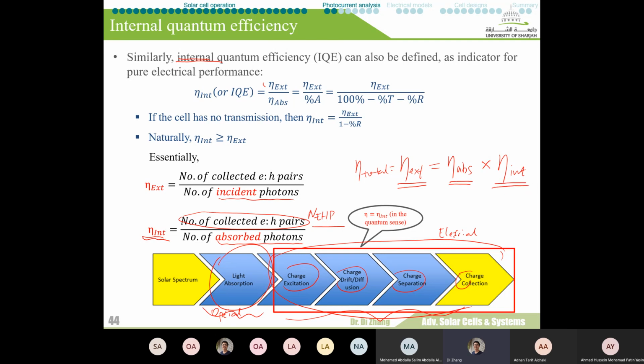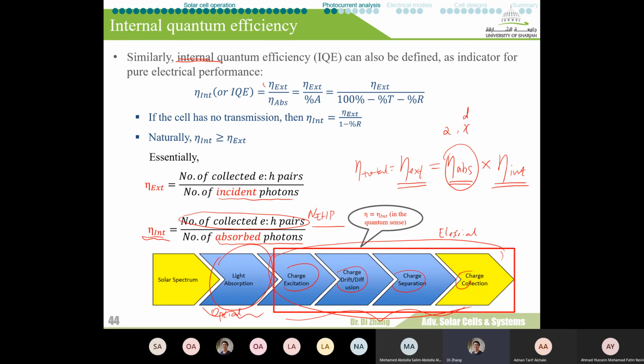Okay, so the absorption efficiency we can find using our knowledge from the chapter before, where we just learned how to calculate absorption efficiency with the material absorption coefficient and the material thickness.